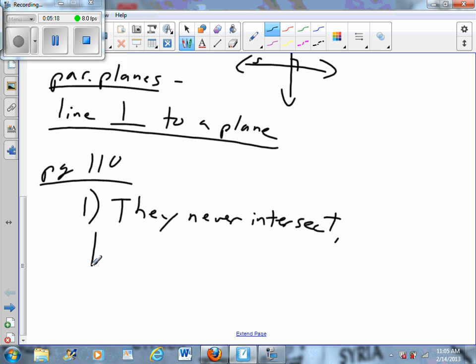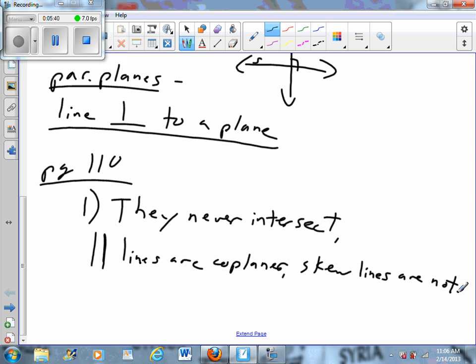Okay? This, by the way, is the symbol for parallel. It's like two vertical lines by each other. I'm going to use that. Parallel lines are coplanar. Skew lines are not. That's how they're different. All right? Now, number two.